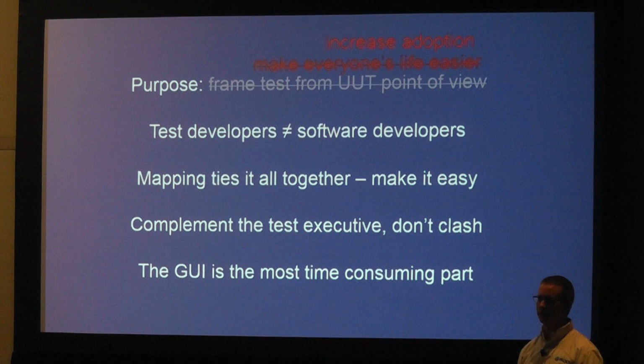Test developers are not software developers. Once again, oftentimes they just want to get their product tested as fast as possible and as easy as possible and reduce maintenance costs. So if you produce something that is cumbersome to use and difficult, they're going to find something else.